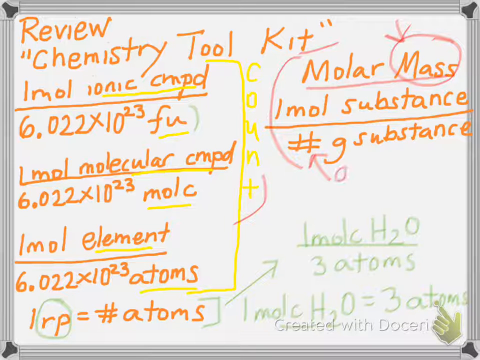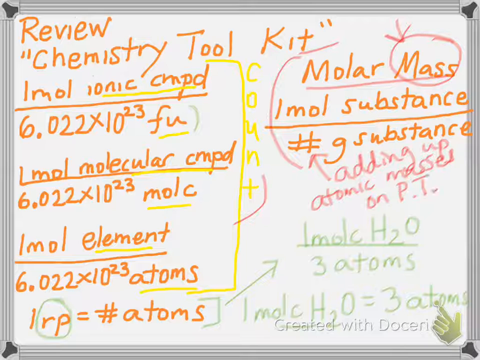This comes from adding up the atomic masses on the periodic table. Remember, to get an accurate molar mass, you have to have correctly written your chemical formula for your ionic or molecular compound. So that's a review of what you should have on your chemistry toolkit that you've made yourself.